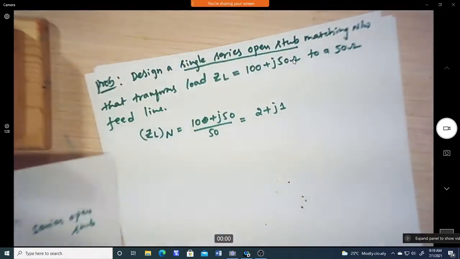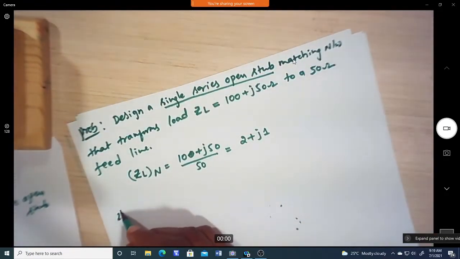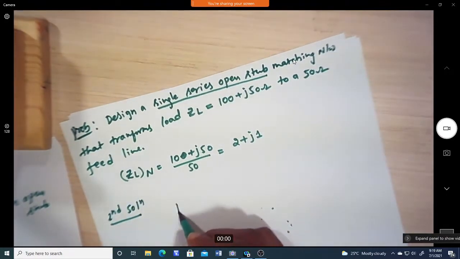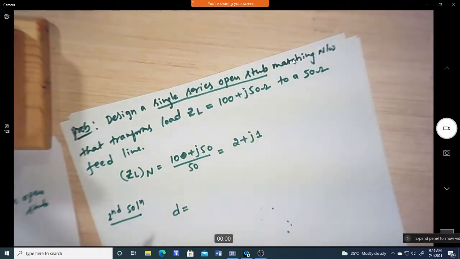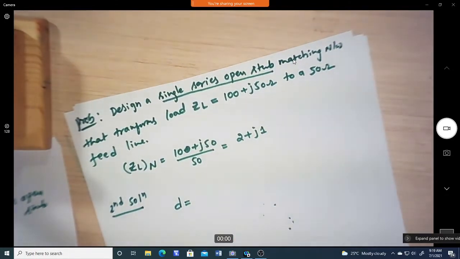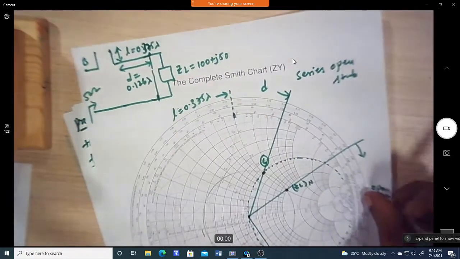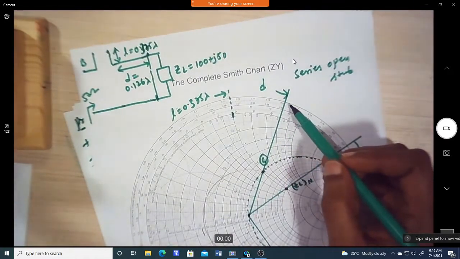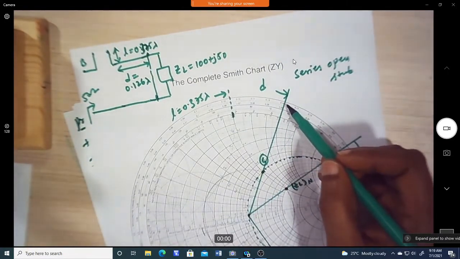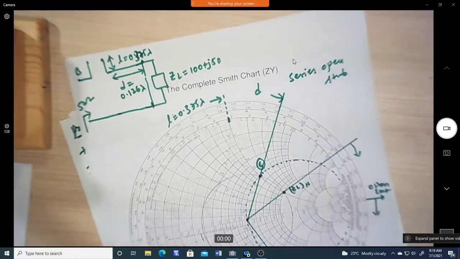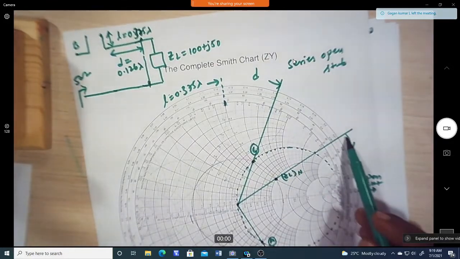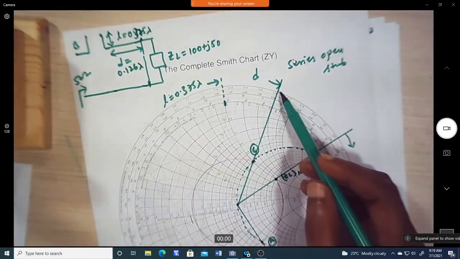Okay. So the second solution, the distance: we can see here the starting point is 0.212, which we already know. This is the starting point and the ending point is 0.162. Even we can move from here and subtract from this point to this point and again add this point, that is also possible.